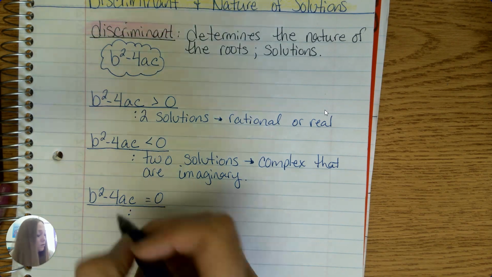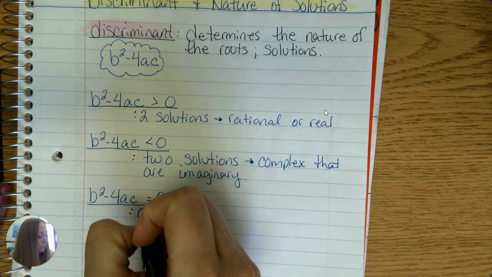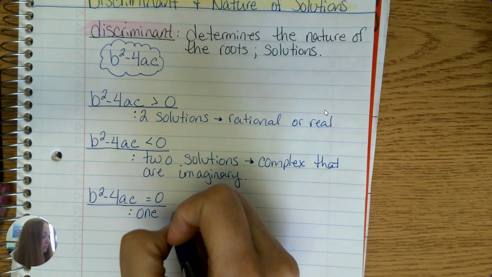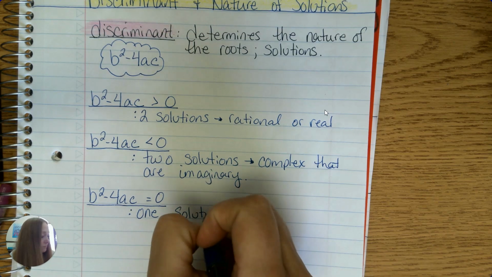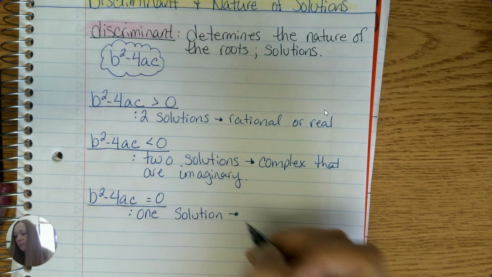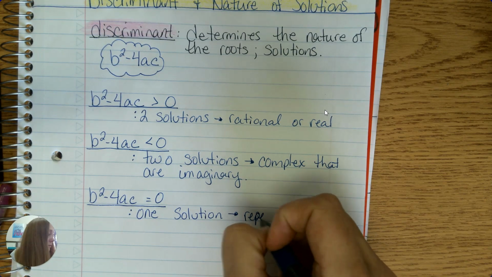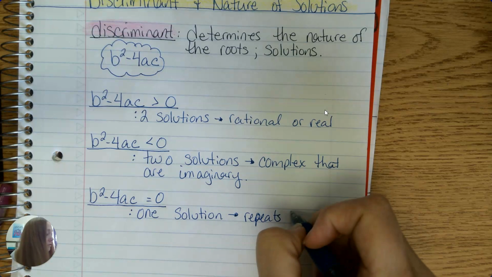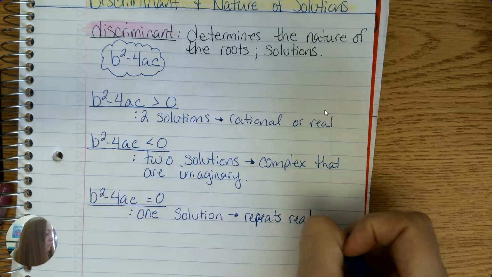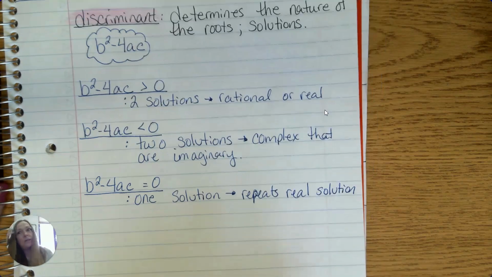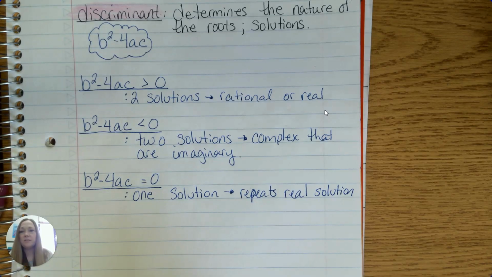So we get 1 solution, it's a repeated real solution. So this is where we would get a positive 6 and a positive 6, but you would only write it once.